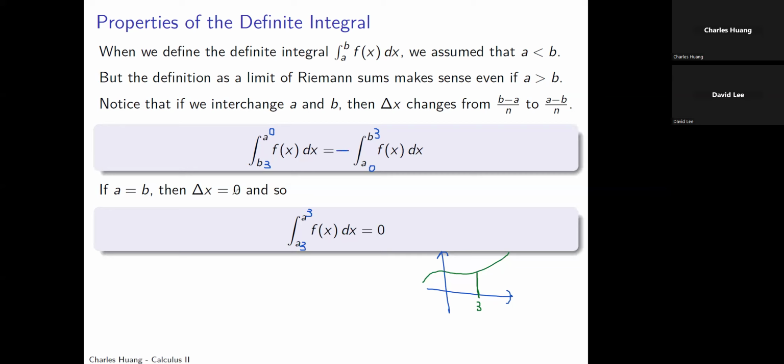Delta x is 0. So when delta x is 0, then when the width is 0, the area is 0. So that's why the whole value of the integral, the area will be equal to 0. So this is why we have to go through Riemann sums first before these rules, these properties become really obvious. We have to go through the definition. Just like when we have derivative rules, we go through the definition.